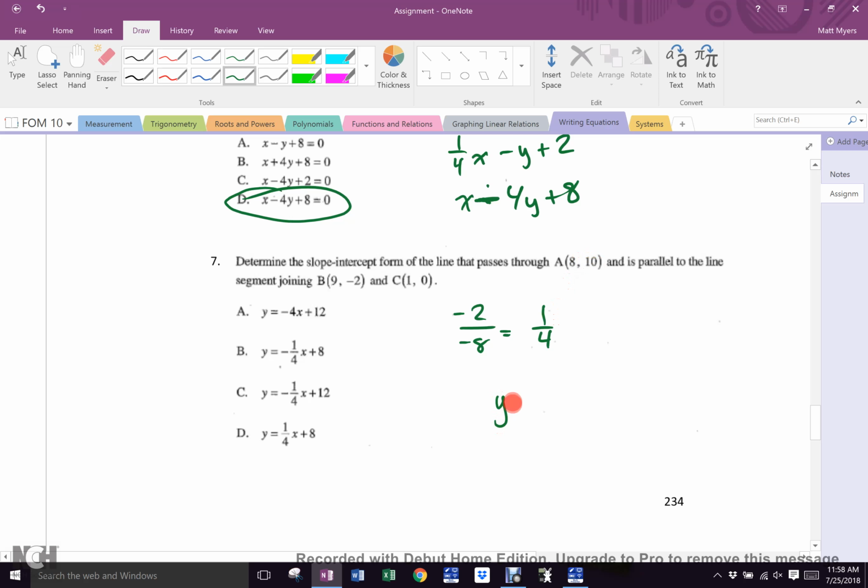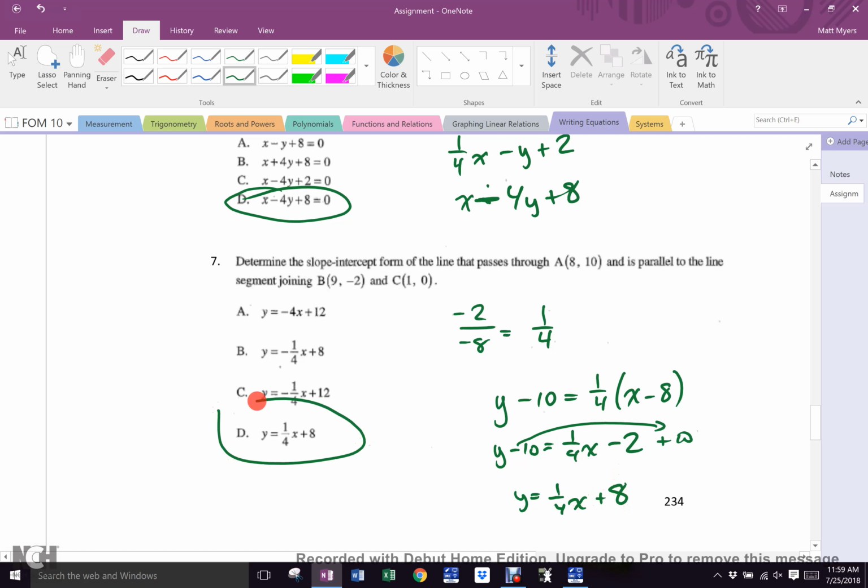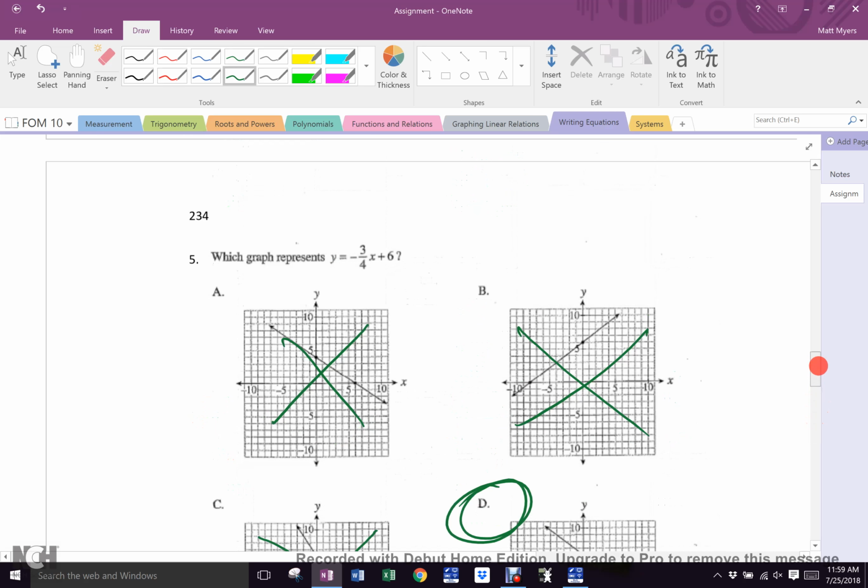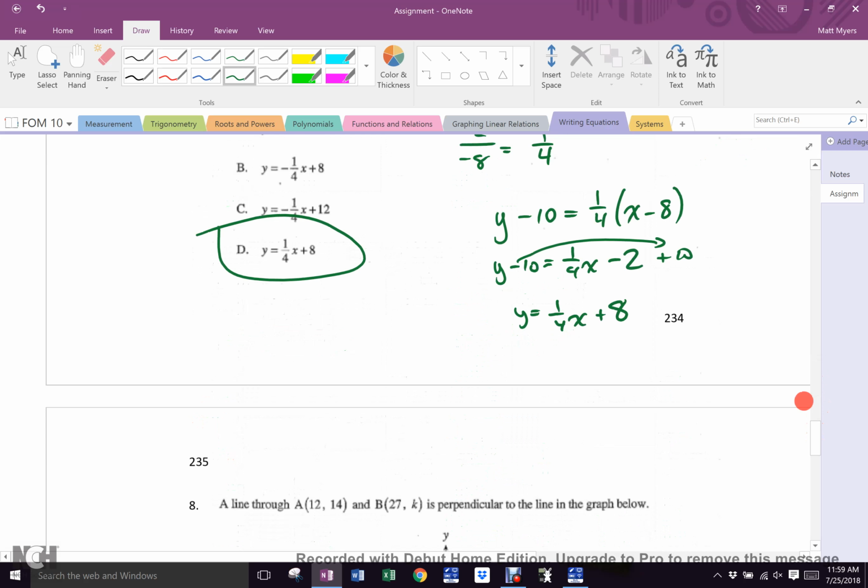So it's y minus 10 equals 1/4 (x minus 8), but I want it in slope-intercept form, so y minus 10 equals 1/4 x minus 2, because that's 1/4 of 8. Then I bring the 10 over, plus 10, y equals 1/4 x plus 8. D again. That page is out of 3.